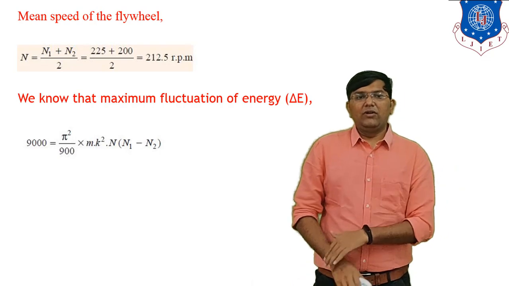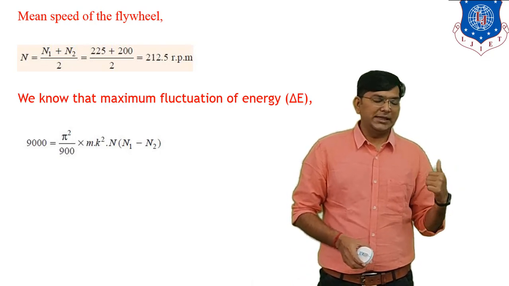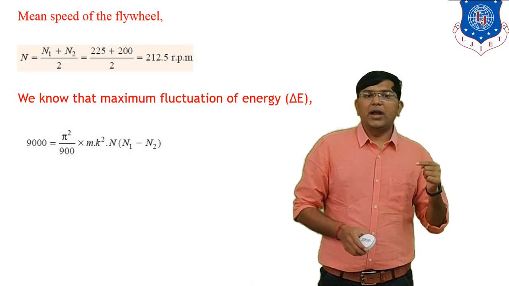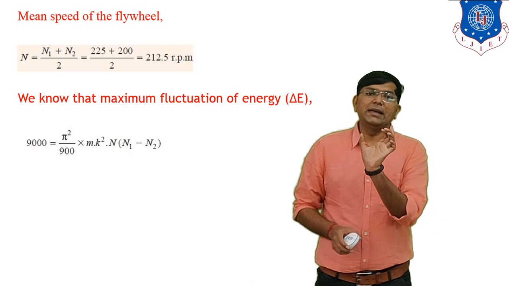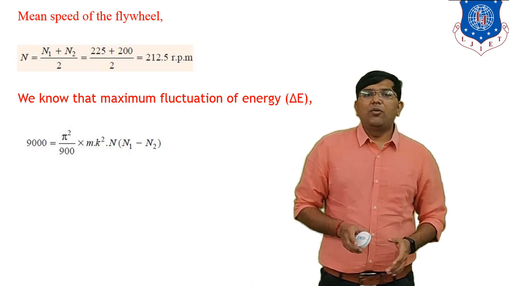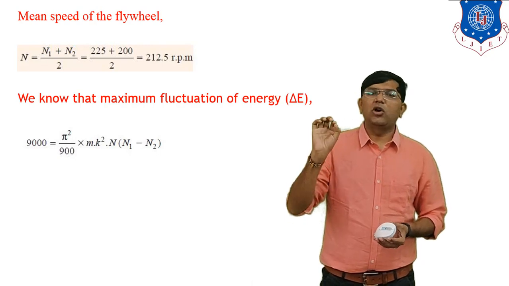Clear? So put the whole value over here, and the equation is converted into the form 9000 is equal to pi square upon 900 into mk square into n into n1 minus n2. Clear? Now there is only one unknown in this equation, that is small m.